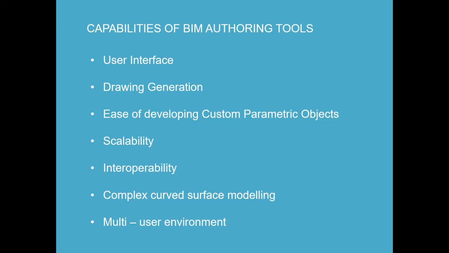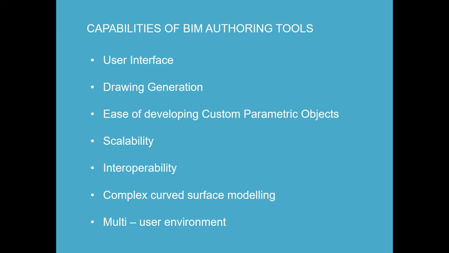I will give you an example in the upcoming slides, so don't worry about it. But just note down that BIM authoring tools should be interoperable. We will discuss this interoperability in our upcoming slides.